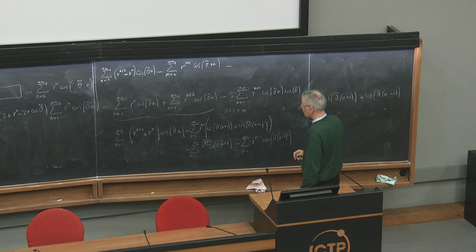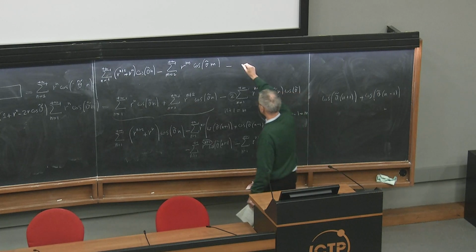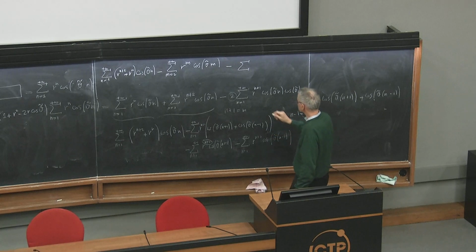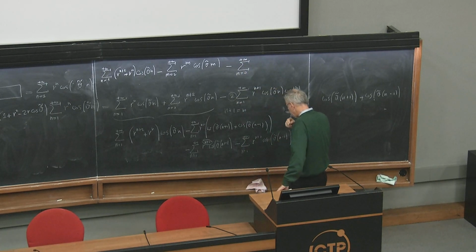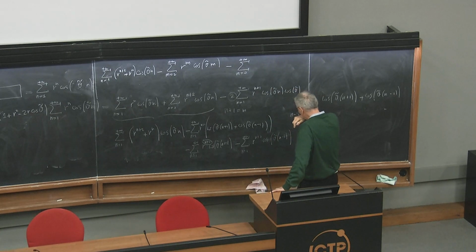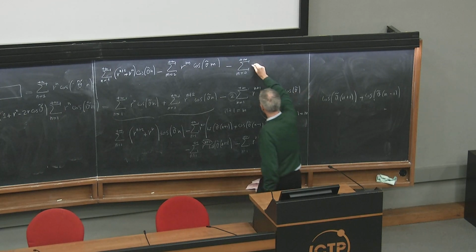Now let me call n minus 1 equal m here. So what do I get? Minus. Now this runs from 0 to plus infinity, and becomes n plus 2.